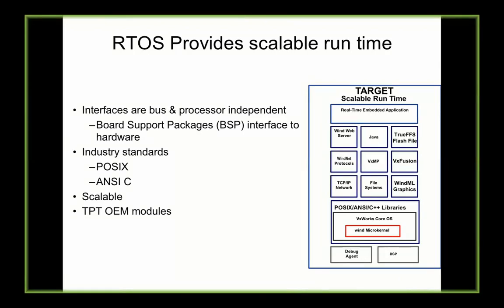Analogous to a BIOS is what you can think from a programming perspective. So if you have a BIOS for a PC, you can think of a BSP for an embedded board or target board, okay? And then BSP has some debug agent by which you can perform debugging. If you remember, we spoke about the debug agent yesterday. By using JTAG, right?